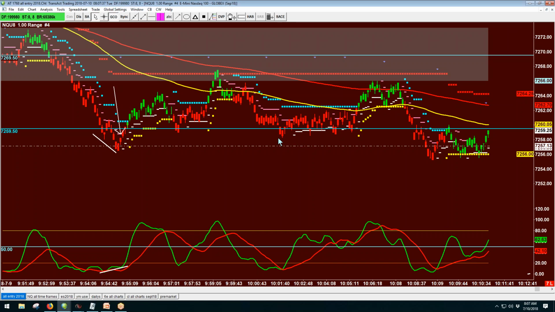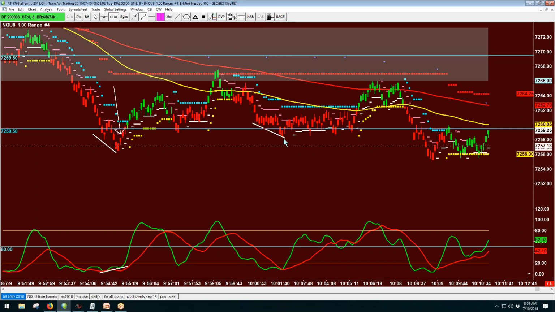Here, it's not quite tagging the 50% area down here. So I would be a little leery about trying to buy this because if I buy it, then, using divergence, I may only get like a couple bar bounce before it tries to tag that 50% again. So technically, there is some divergence there.